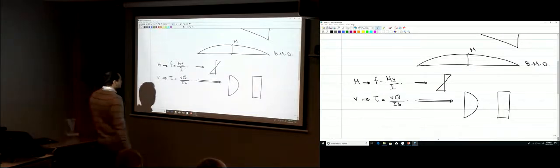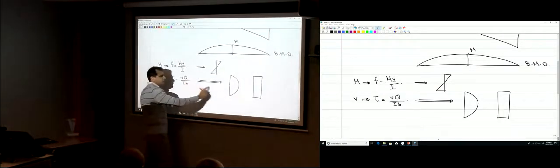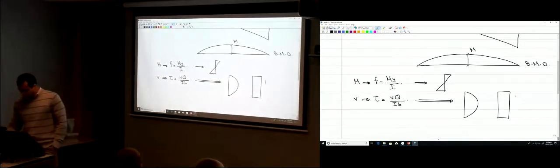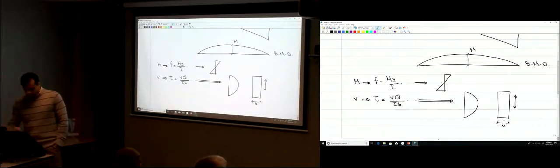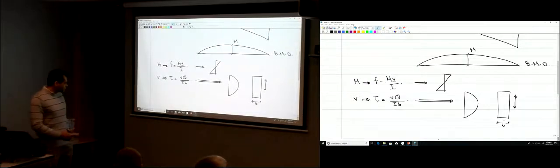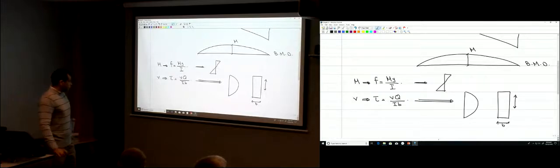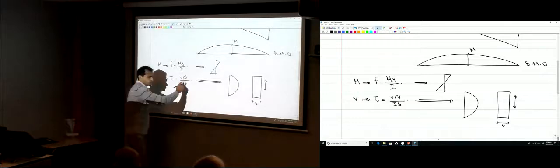Q is the part that is changing over here. Here the width is constant. Any point here, as you go up and down, B is constant. So B is not changing. V is the shear force, it's not changing. I is the moment of inertia of the section, it's not changing. What is changing here is that Q.